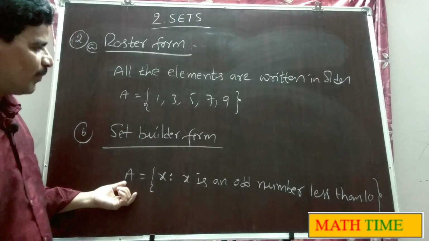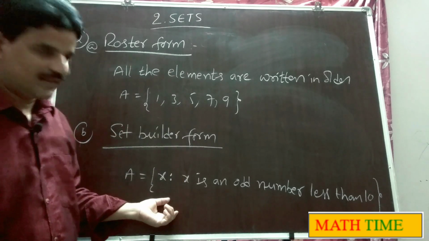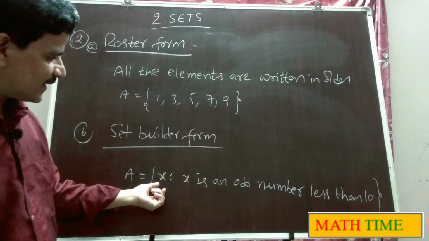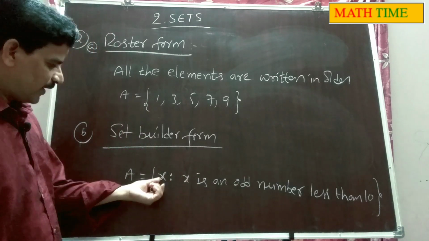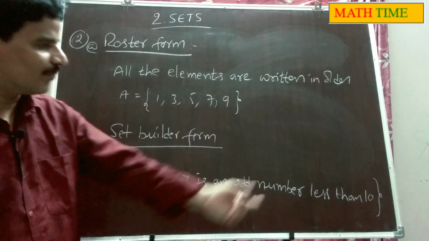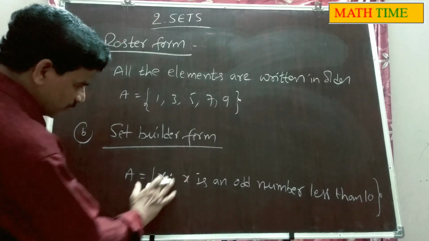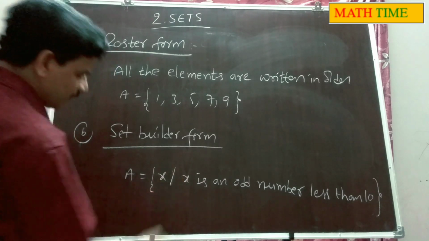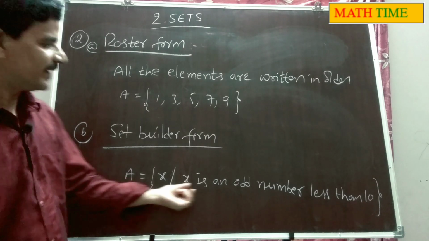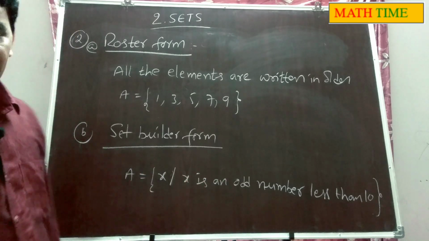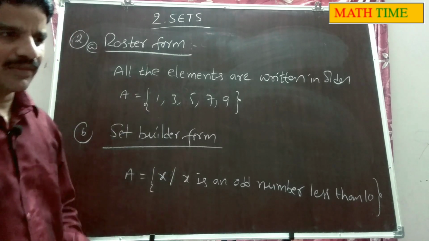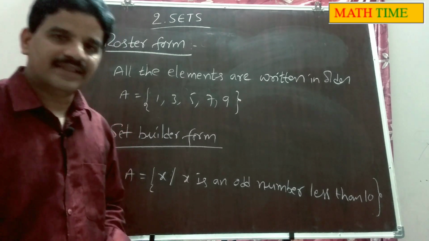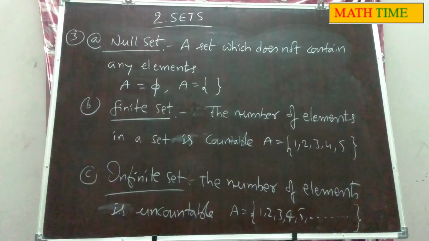In set builder form, instead of listing all the elements, I wrote x such that x is an odd number less than 10. So x colon x is an odd number less than 10. Or you can also write x such that x is an odd number less than 10. So this is roster form, this is set builder form. Sometimes some questions are asked in exam about these forms.